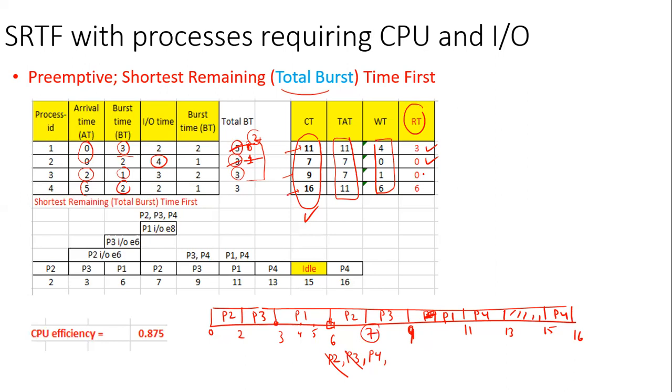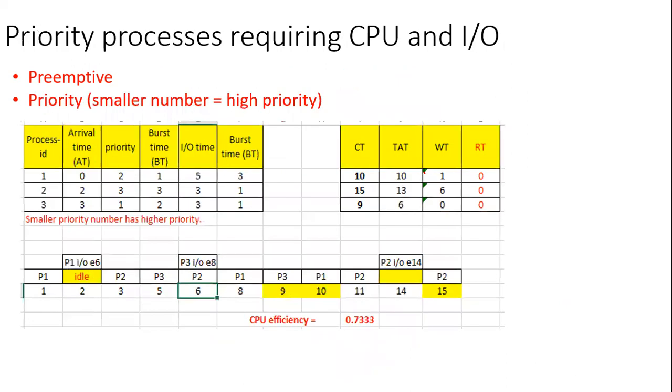P3 came at 2 and was taken at 2, so it is also 0. P4 came at 5, and was taken first time at 11. So 11 minus 5 is 6, right? Okay. Is it clear?